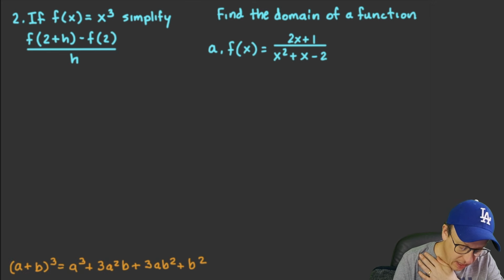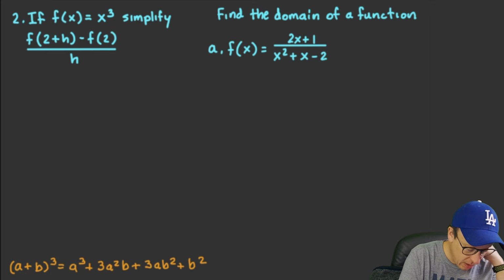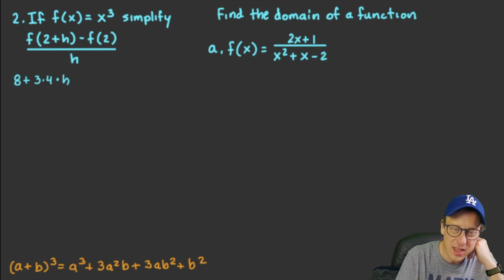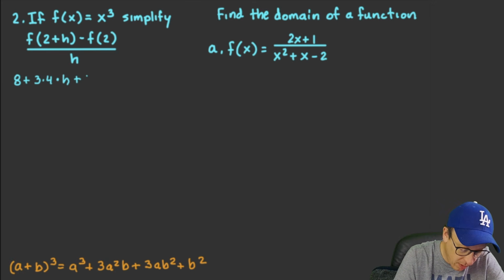Now, this is kind of long looking, so this is going to be converted into a plus 3 times 4 times h. See, it's kind of weird because of the way that this is set up, but this is the way it's solved. You solve it in the same way. We're just using real numbers now instead of using variables, and that's probably why it looks a little bit weird.